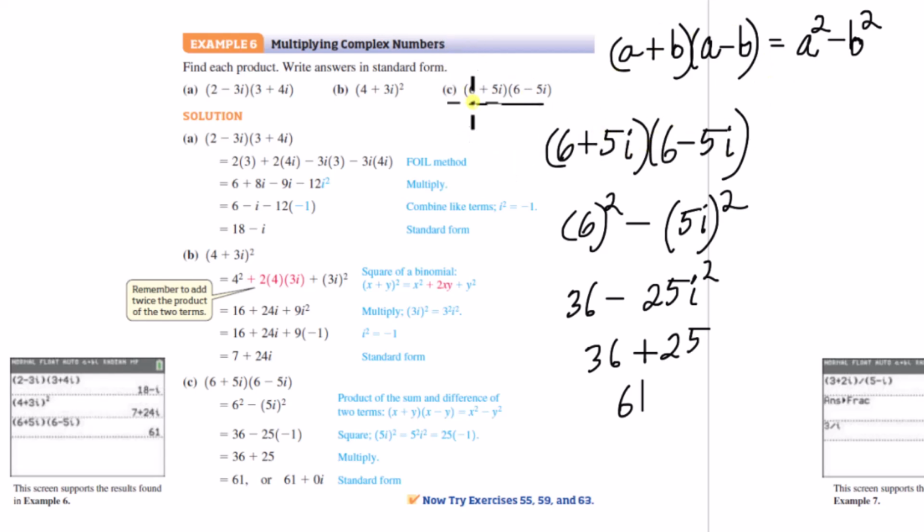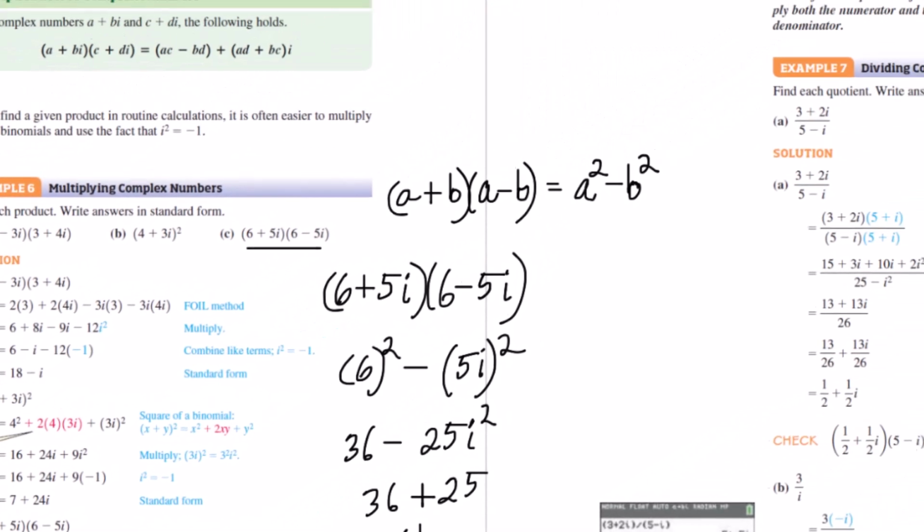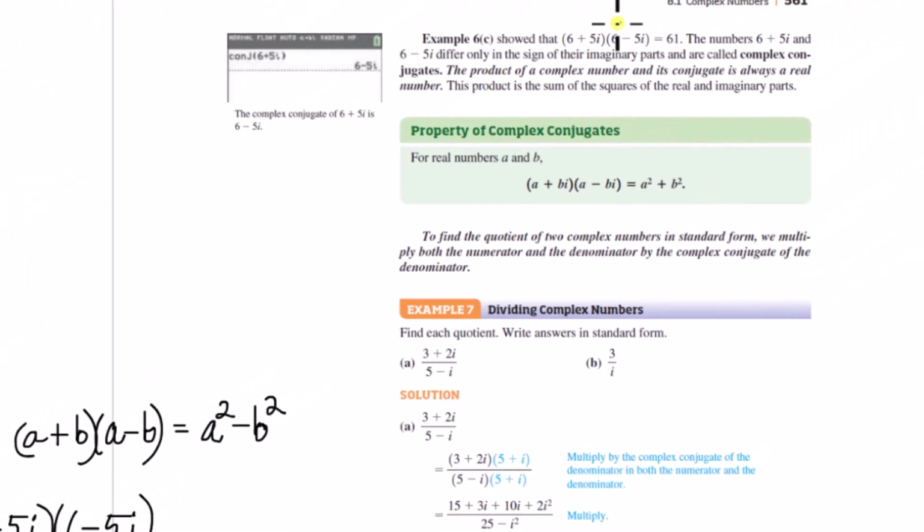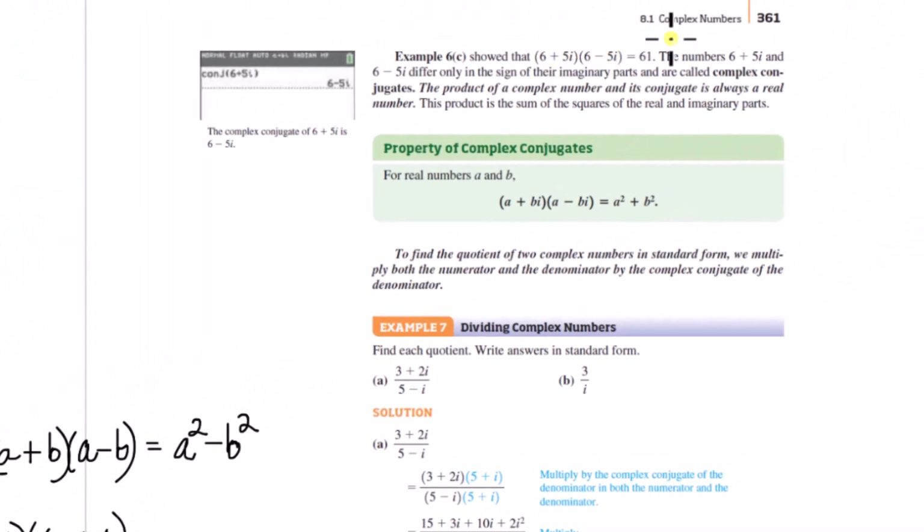And so these two complex numbers here are related in the sense that these are conjugates of each other. The term conjugate isn't new. We know the term conjugate from algebra. It's just if you've got two numbers being added or subtracted, the conjugate is you change the symbol to minus or plus.